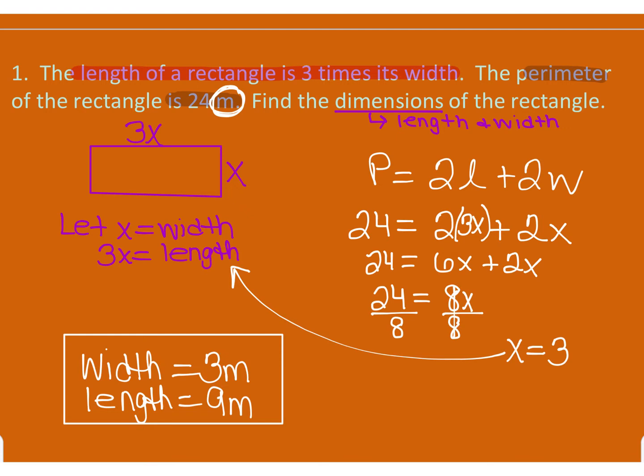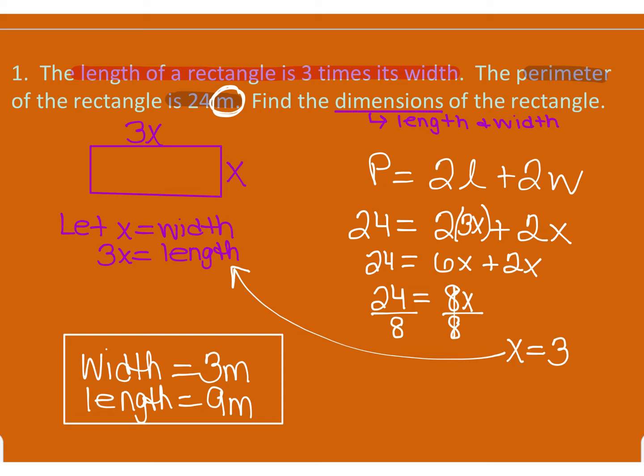That tells me my let statements, what I can label and my unknowns. I'm looking for that comparison to the width, which means the width is x. And then 3 times that gets me my length, 3x.